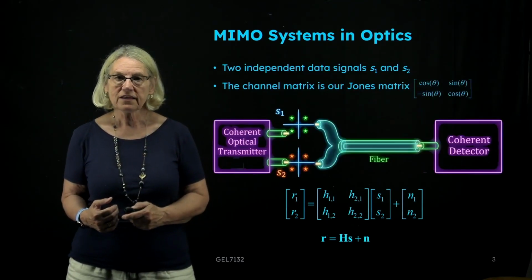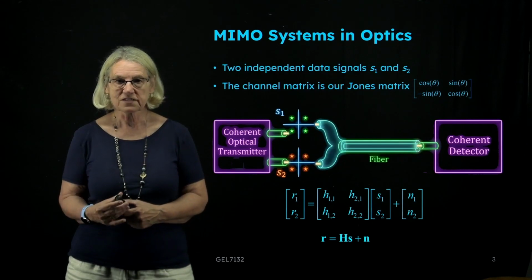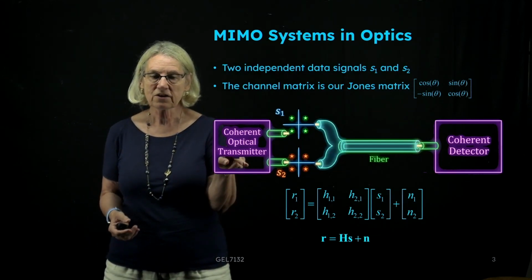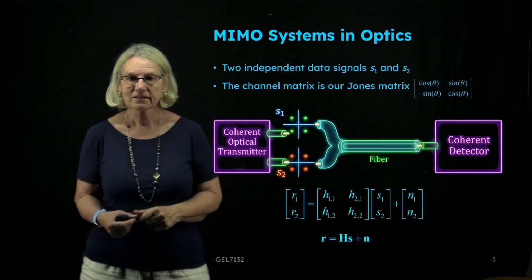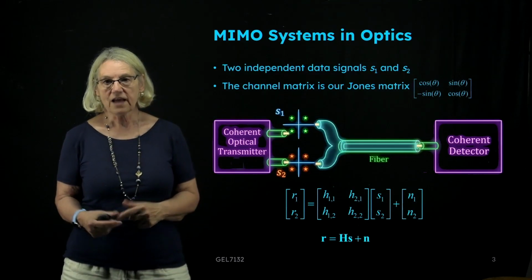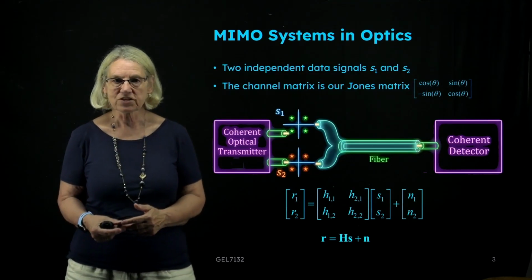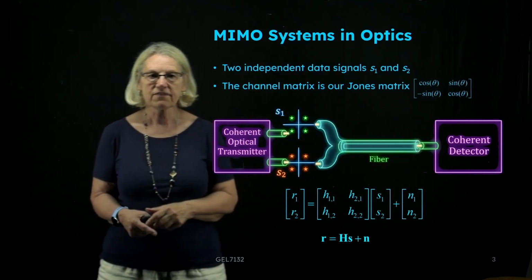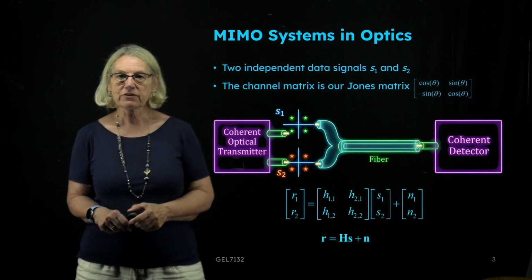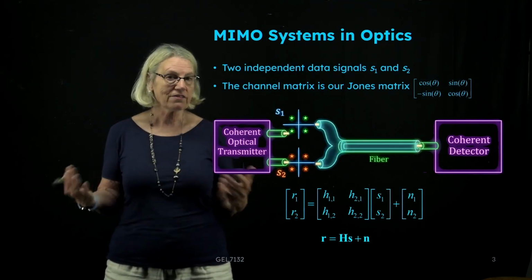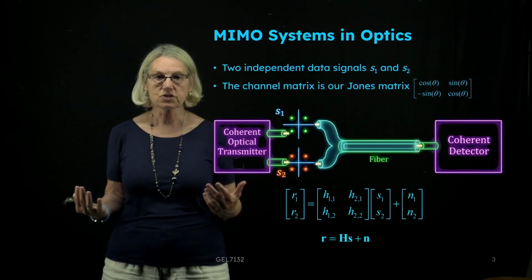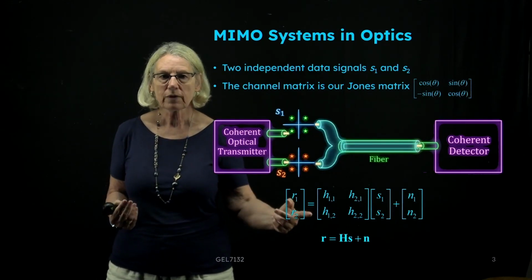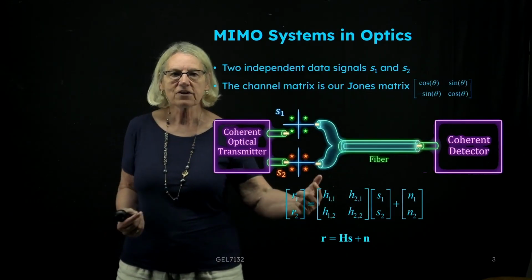So if we look at the optical version of this system, we would have a transmitter that creates two independent streams in optics on different polarizations, and that these polarizations are combined and transmitted across a fiber. Now, because of the birefringence and also because of other kinds of perturbations to the channel, we can also represent this in the same way.